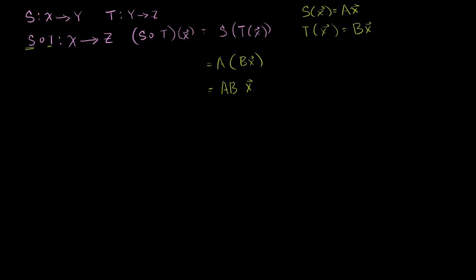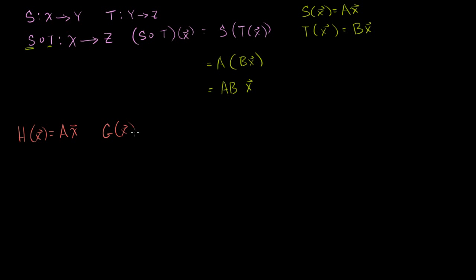So let's take three linear transformations. Let's say I have the linear transformation h, and when I apply that to a vector x, it's equivalent to multiplying my vector x by the matrix A. Let's say I have the linear transformation g.